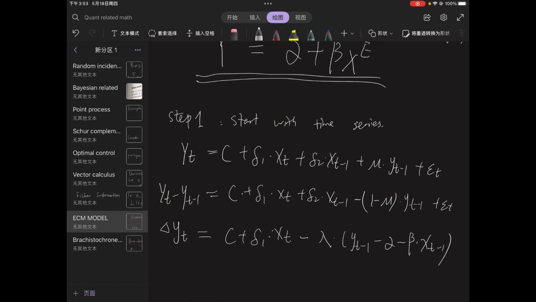Why is this true? Because we know for the long term it should have this relationship. So we capture this relationship in this term. And of course we will add the error term at the end. So essentially we say these two terms, we can capture it as this. That is what we call the error correction model.